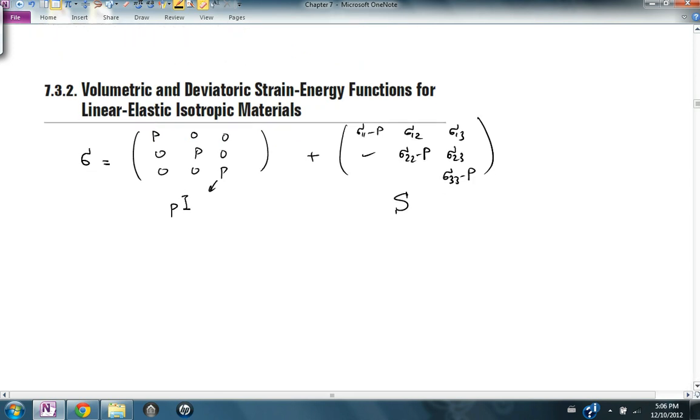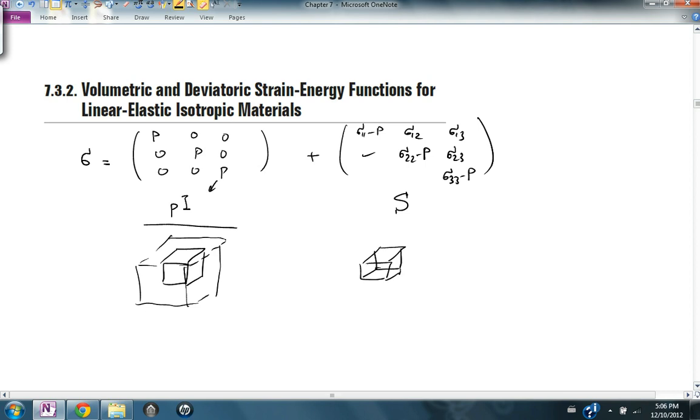And this was done because for linear elastic isotropic materials, I can always assume that this part of the stress is responsible for volume changes, or volumetric changes, in the material, and this part of the stress is responsible for change of shape.